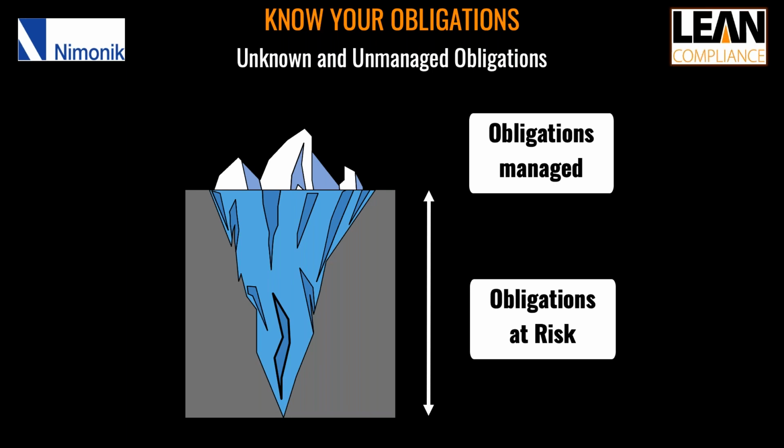Now, as Jonathan has already mentioned, but it's worth stating again, most companies, including Carl's, find that they are unsure of what their obligations are. And for the most part, they are only managing a portion of them, not just in numbers, but also in terms of the components of an obligation. We're going to introduce that and dive into that a little later on in today's presentation.